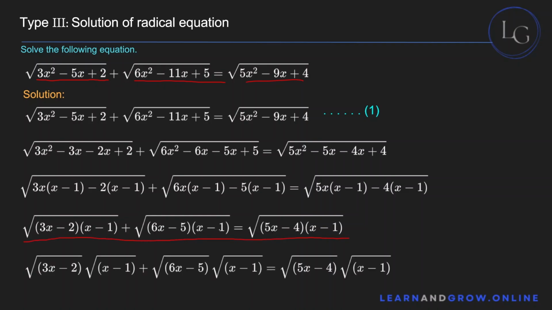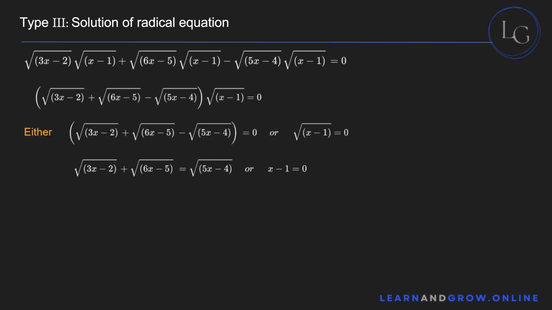Now, you can write this down like this as well. Two terms being multiplied under a radical sign can be written as the two terms separately under radical signs being multiplied. So basically, this term here can be written down like this.